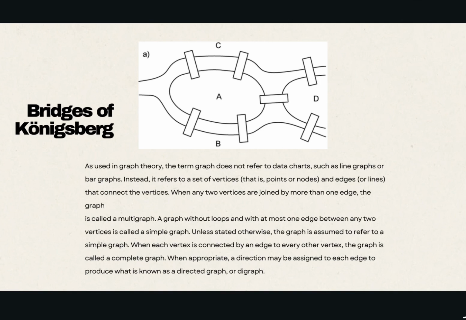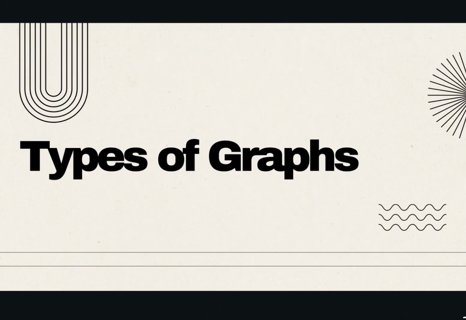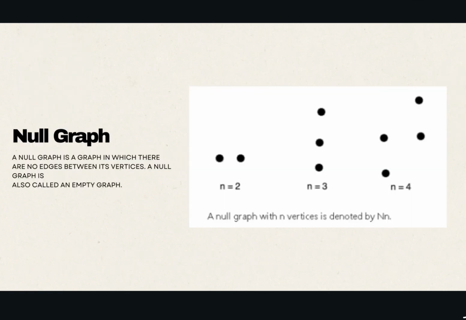Unless stated otherwise, a graph is assumed to be a simple graph. When each vertex is connected by an edge to every other vertex, the graph is called a complete graph. When appropriate, a direction may be assigned to each edge to produce what is known as a directed graph or diagram.